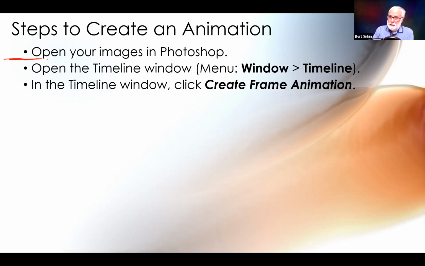You're going to load all of your open files into a stack, and that will put each image in a separate layer in a new image in Photoshop. When I go through the example, I'll actually be doing it, and I'll show you what that is.